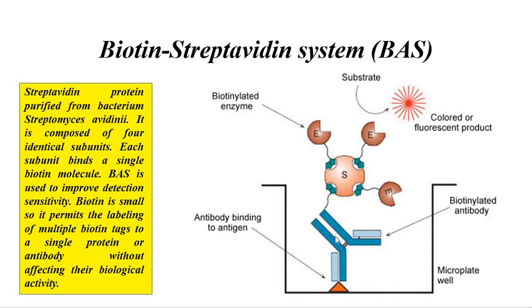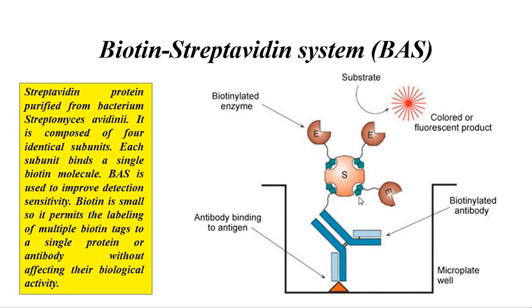Now, in order to attach the antibody to the streptavidin, the antibody is attached to a biotin molecule, and the enzyme or reporter molecules are also bound to biotin molecules. Here you can see, at one site of the streptavidin, the biotin molecule attached to the antibody is bound, while at the other 3 sites the biotin molecules attached to the reporter molecules are bound.